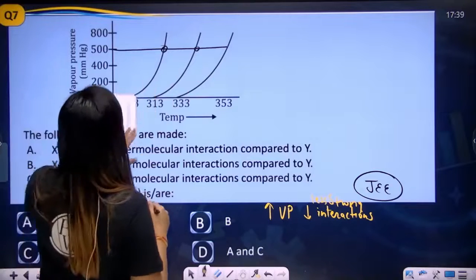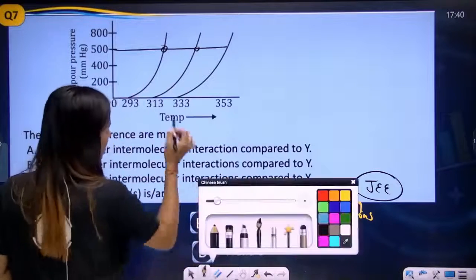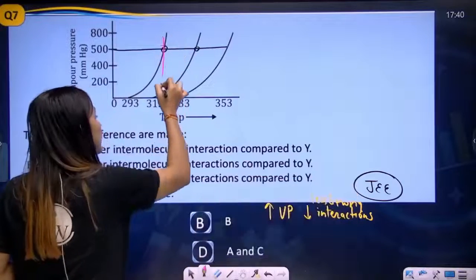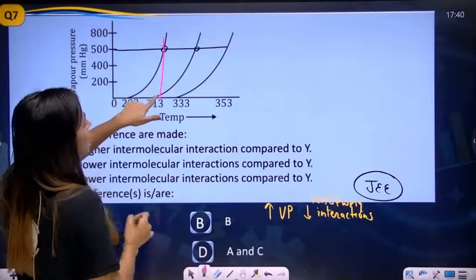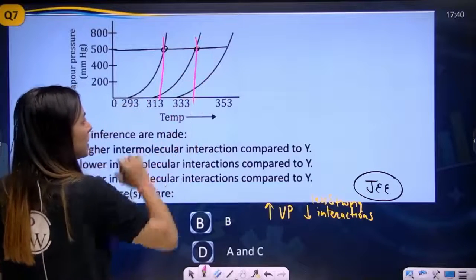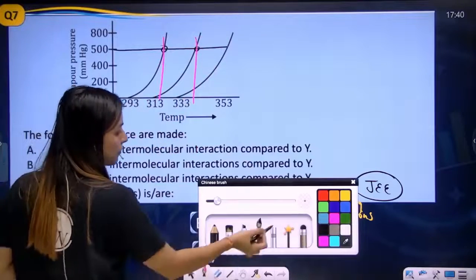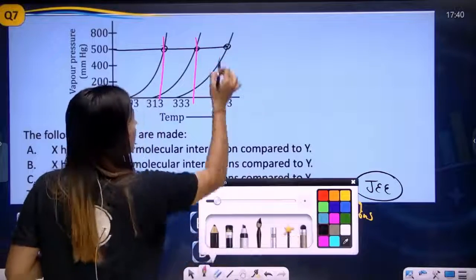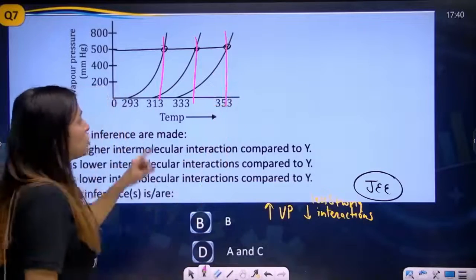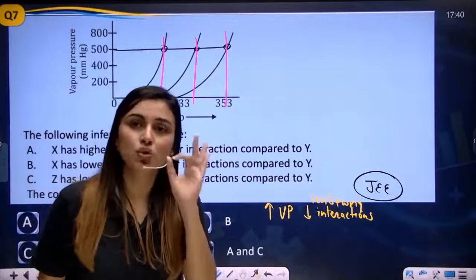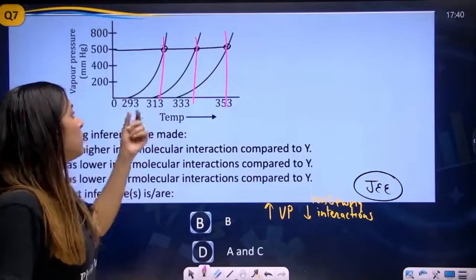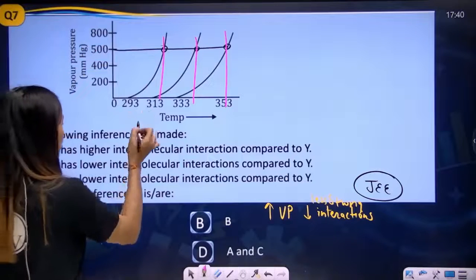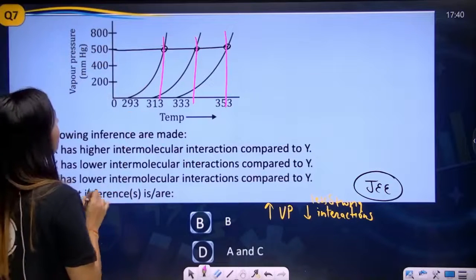Let me show you. This component had a vapor pressure equal to 500 somewhere here, and this component somewhere here. This is your x, this is your y, and this is your z. So the lowest temperature where 500 mm of Hg vapor pressure was achieved was by x.